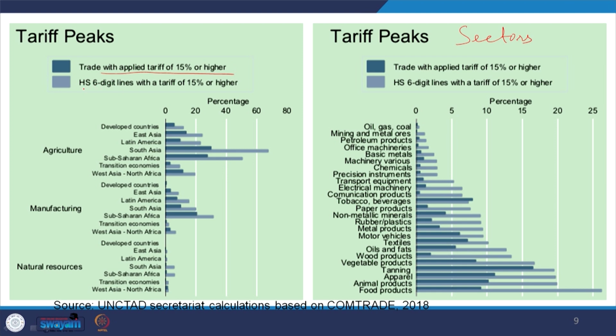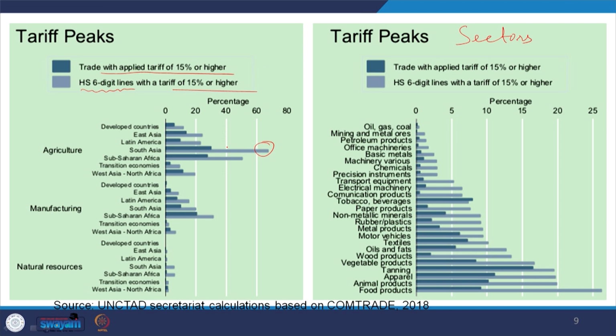We also checked the figures for HS 6 digit lines, which are disaggregated at the 6 digit level, with a tariff of 15% and higher. It is observed that Southeast Asian countries, especially South Asian countries and East Asian countries, have the highest peak tariff.